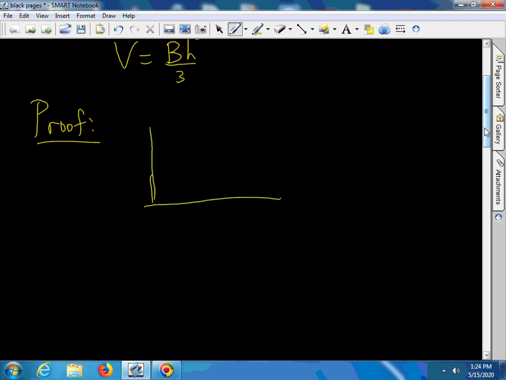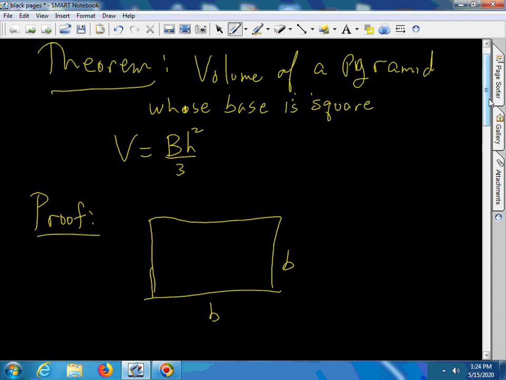So suppose the base is b by b. And here's the top. Okay, so there's the pyramid. And from the top point right to the dead center of the square.